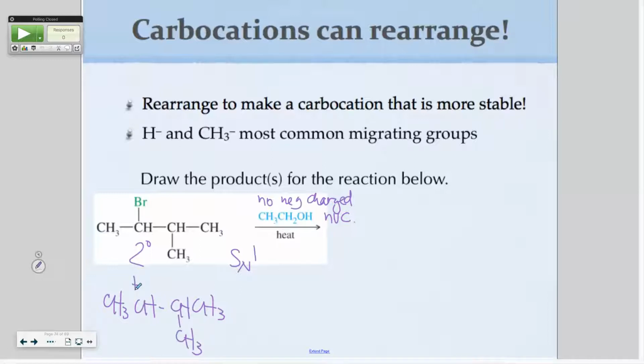Okay, do you see how we get that carbocation from that? Here, look, we could draw it. So what would it rearrange to? It's a secondary carbocation. How can it become more stable? What's got to move? The hydrogen. Which one? On the tertiary. Yes.